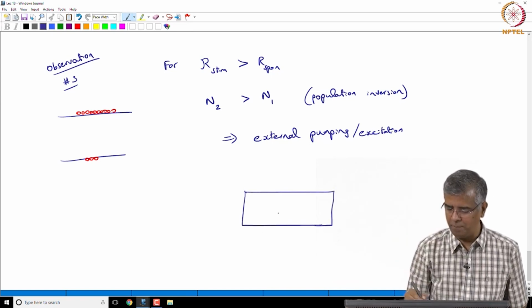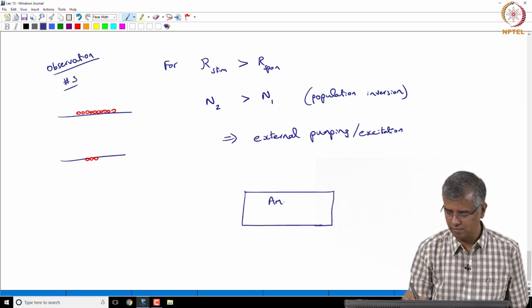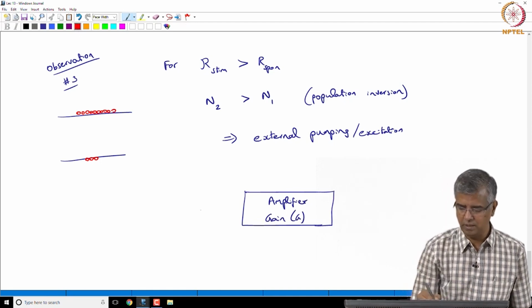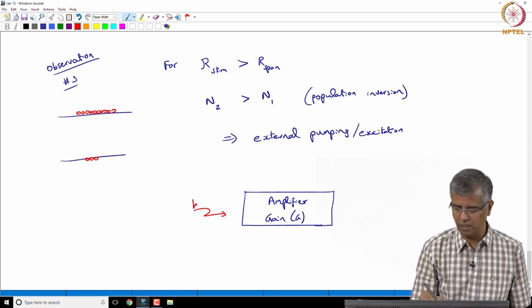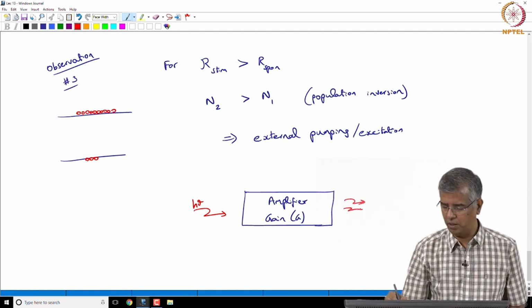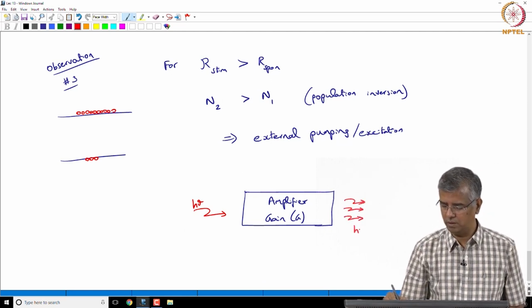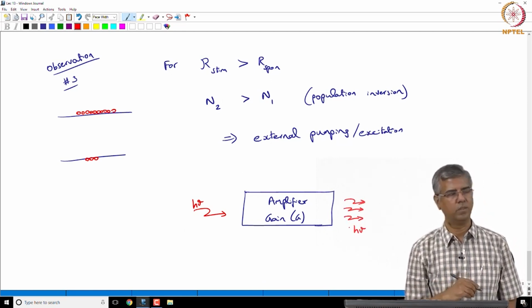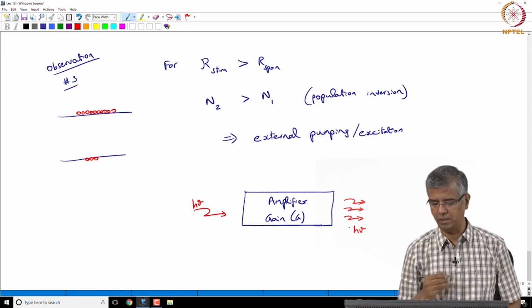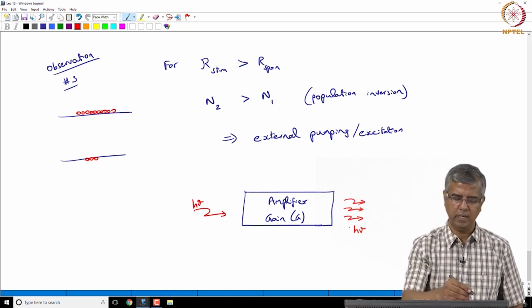So, if I am building an amplifier with some gain G, so what does that mean? I am coming in with some photons h nu, I am going out with lot of photons at that same frequency, say the same energy, right.